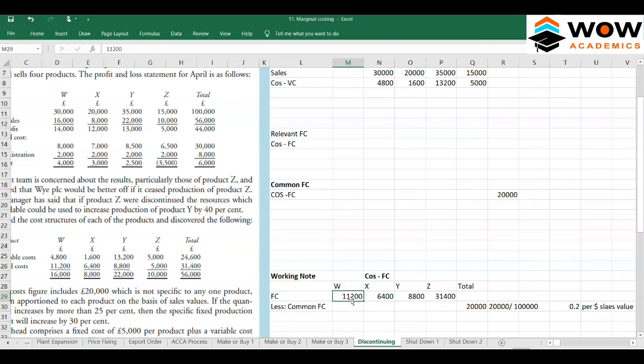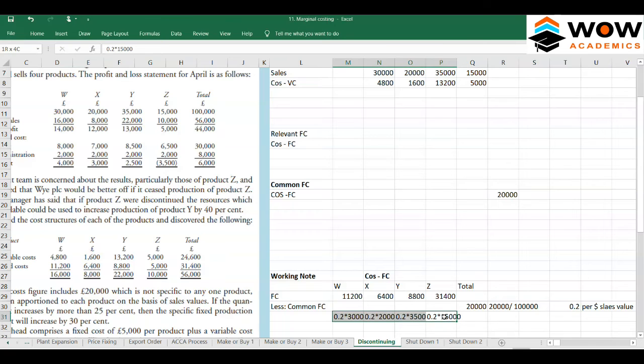So our consideration is very simple here. We have to take 0.2 and multiply by the sales amount. So it is 30,000 here. The same way you have to do it for all the products: 30,000, 20,000, then 35,000, and finally 15,000.